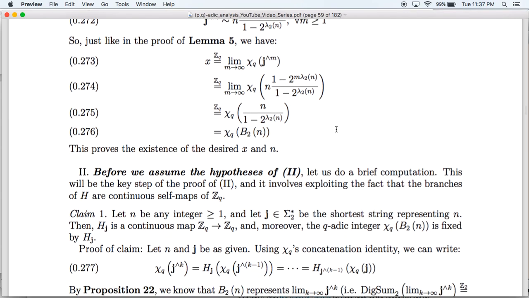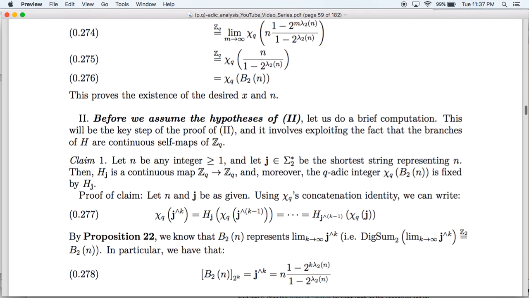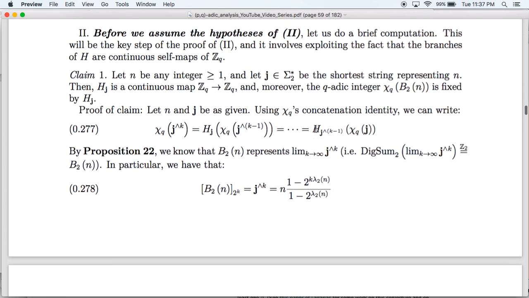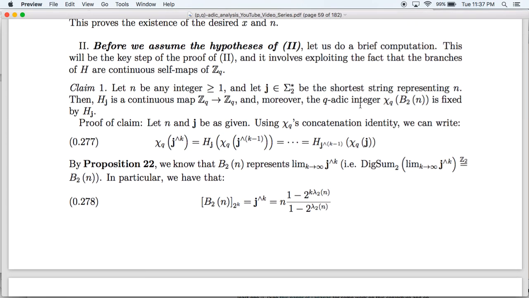So this proof requires us to look at things not just from the 2-adic perspective, but from the q-adic perspective as well, in order to capture all the information. So we've proven our claim that h bold J fixes chi-q of b2 of n, where n is the integer represented by bold J.